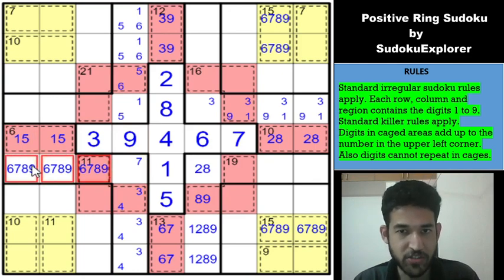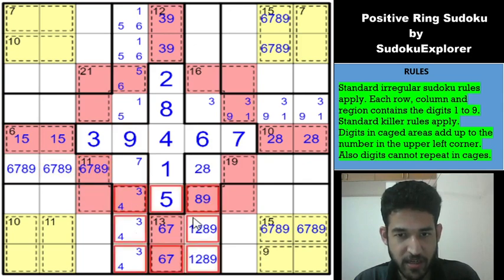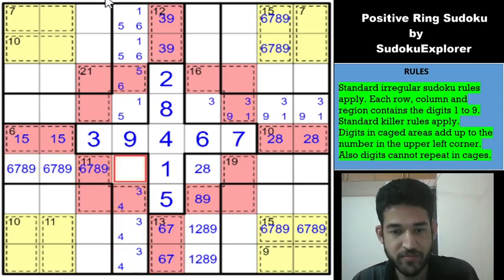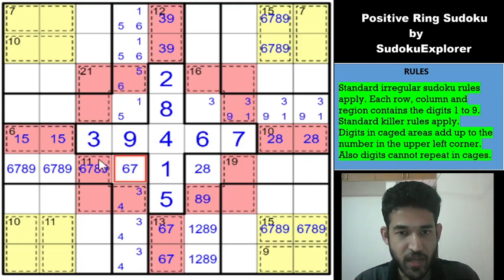So 8 and 9 here for sure. And 6 and 7 are going to be here, right? Because this 3 by 3 box has a 6 7 here, so there is no 6 7 here, so the 6 7 goes here, so this cell will be 6 or 7. And because we have an 8 here, this cell is not an 8.